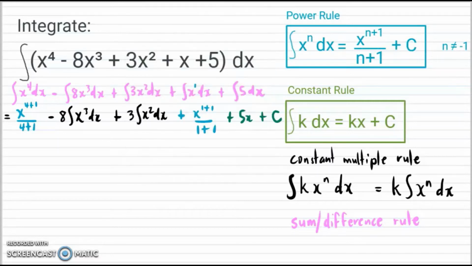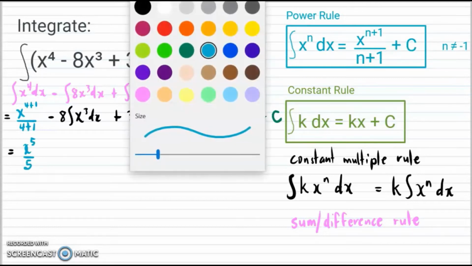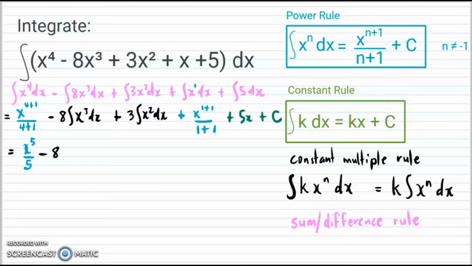Let's go to simplifying this. We have equals x raised to 5 over 5. Then we have minus 8, and we apply the power rule here. X raised to 3 plus 1. Let's just do this step by step. 3 plus 1 over 3 plus 1.